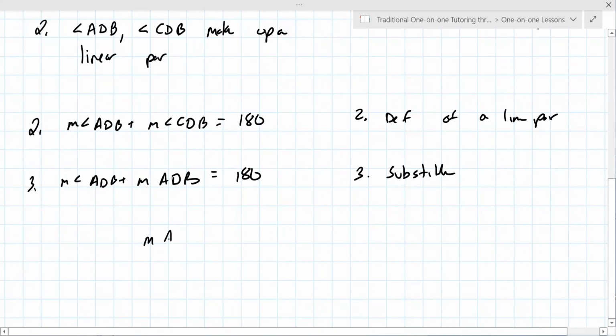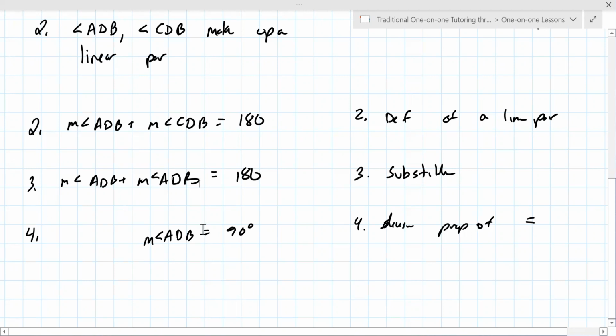Measure of angle ADB equals 90 degrees. I don't know, do you ever just say solve, or do you have to actually say substitution or division property of equality? Division property. Okay, because it's really two of these equals 180. You divide. Sorry, I'm missing angles all over the place.